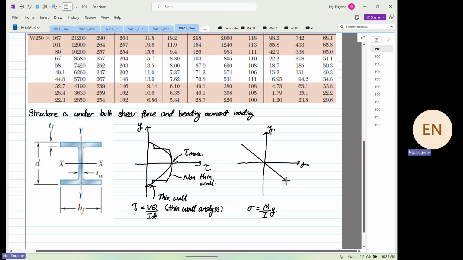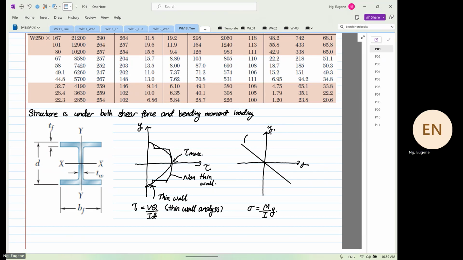For example, this is just an example. And we realize that over here, at this position, this is where we get our stress max. Okay. And at the centroid, our normal stress is equal to 0.